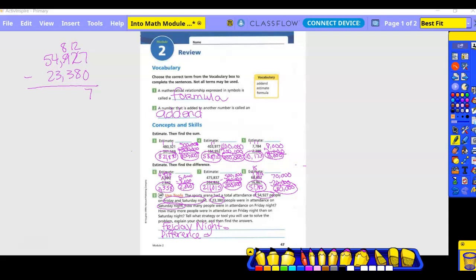No. So 12 minus 8 is 4. 8 minus 3 is 5. 4 minus 3 is 1, and 5 minus 2 is 3. Okay, so on Friday night, there was 31,547, and what's my label? Attendance. People. Or people, yeah.